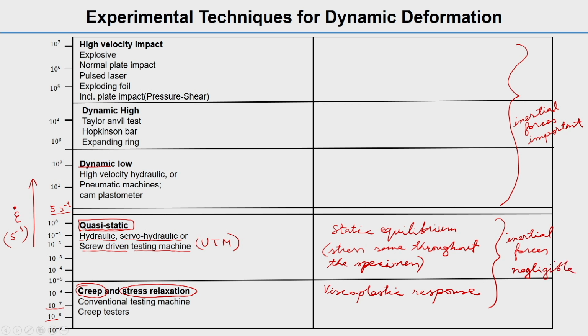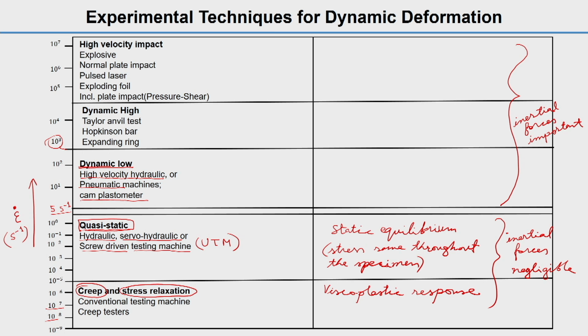When you increase the strain rate, more and more inertial effects will be there. In the dynamic low range, probably below 10 to the power 3, we have high velocity hydraulic or pneumatic machines, and another one is the cam plastometer.